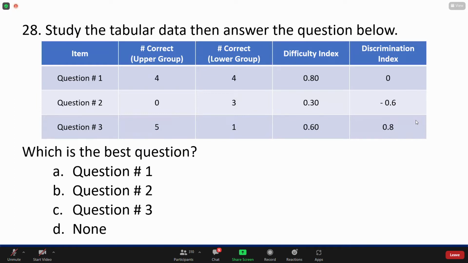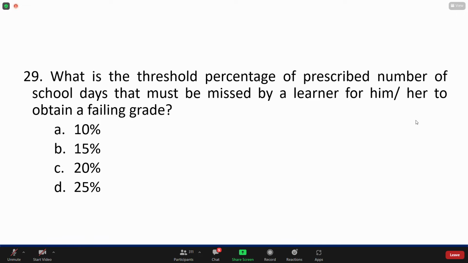Letter C, question number 3. And letter D, none. 29.